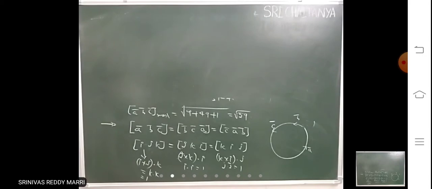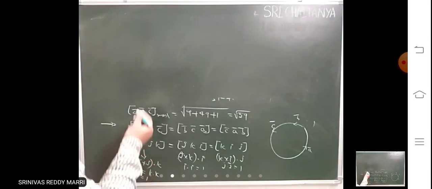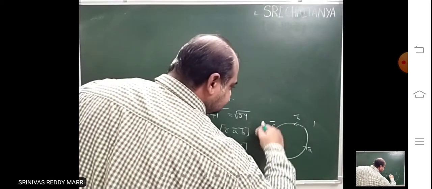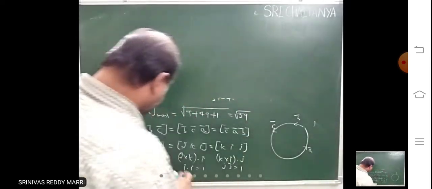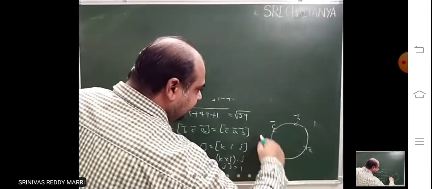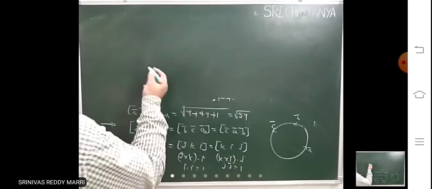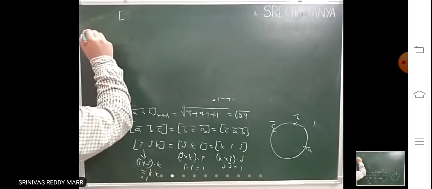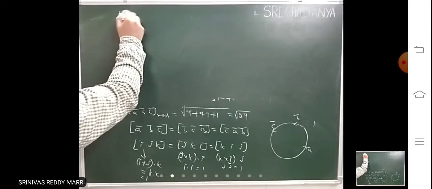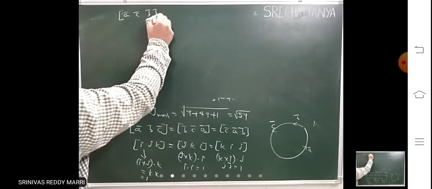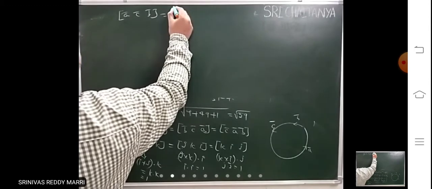Look at one problem. Suppose they are not like this in anti-clockwise direction. Look at B C A, anti-clockwise direction; C A B, anti-clockwise direction. Suppose they are not like this, suppose box of A bar, C bar, B bar.